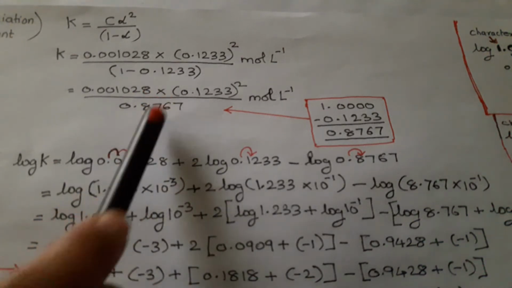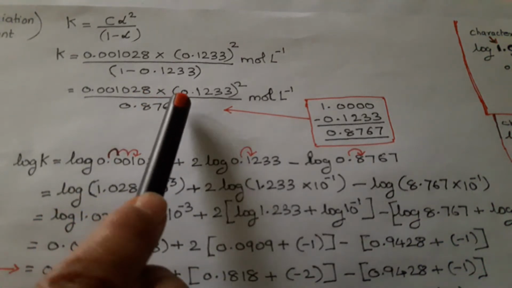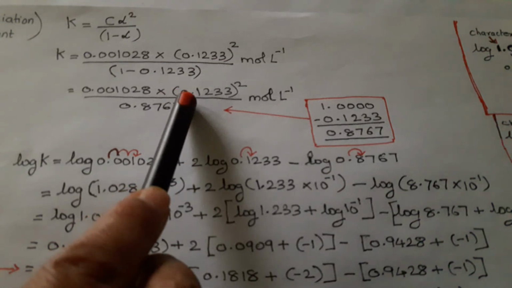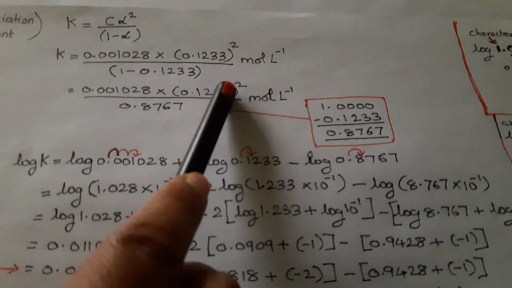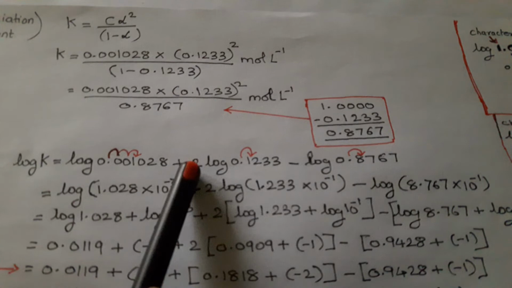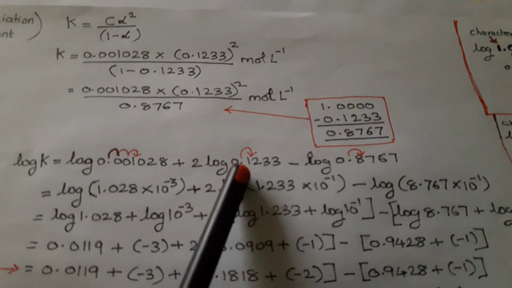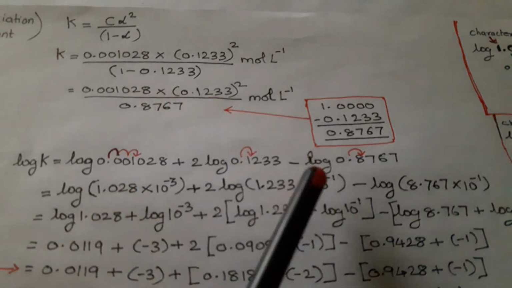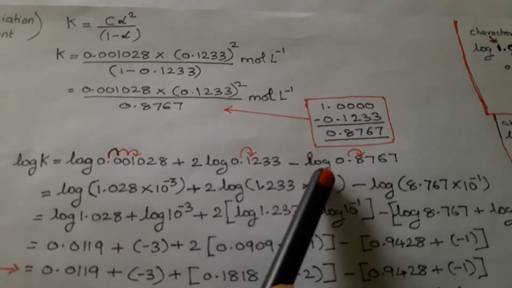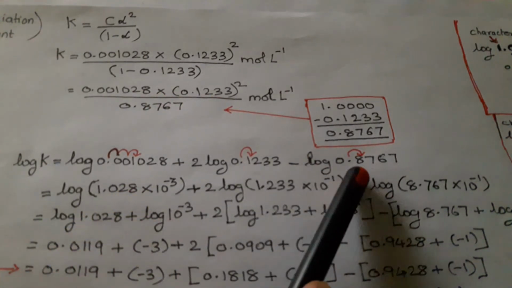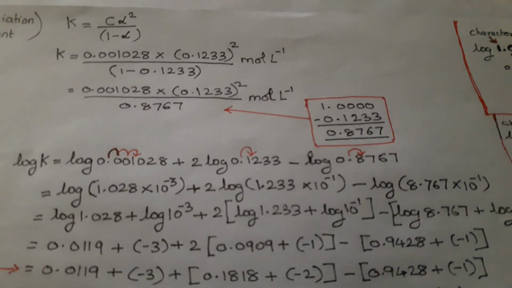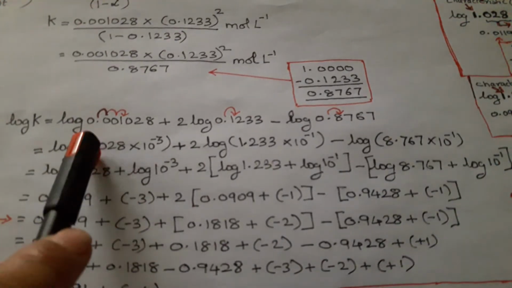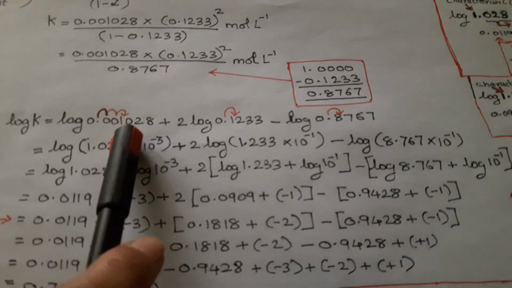Here it is into, so we write plus. Then here it is 0.1233 square. So we write it as 2 log of 0.1233. And here there is division, so it becomes minus log of 0.8767.